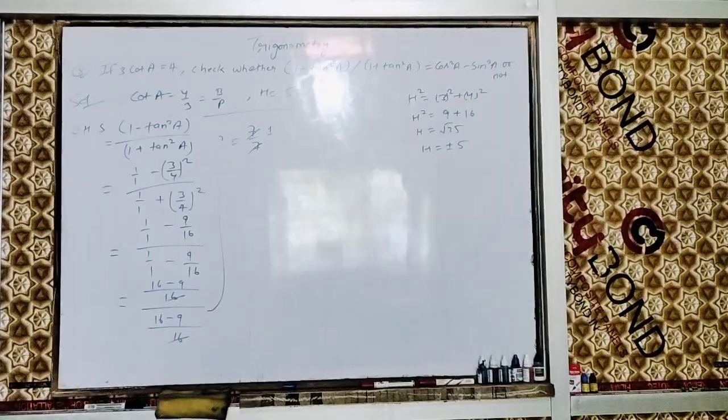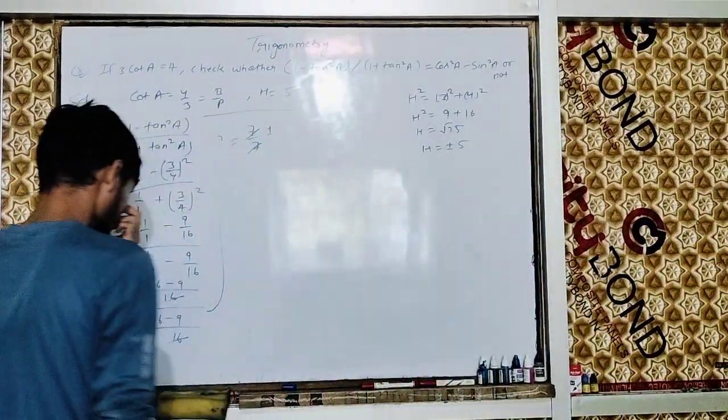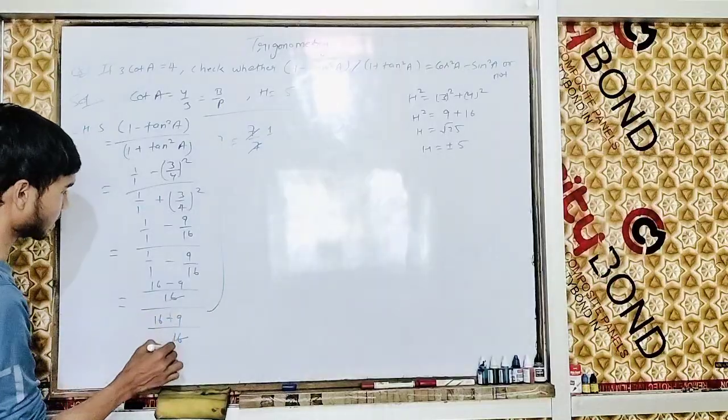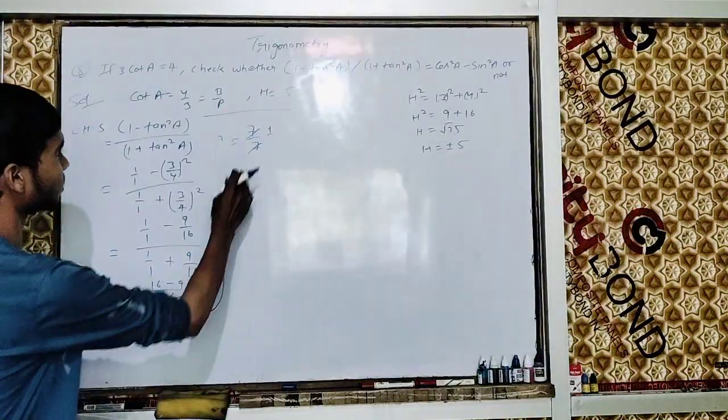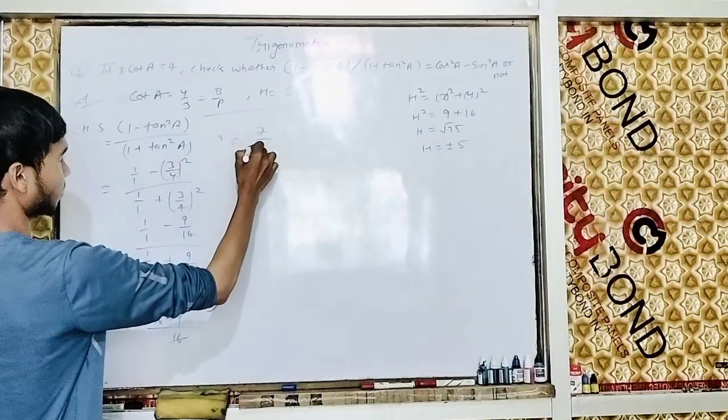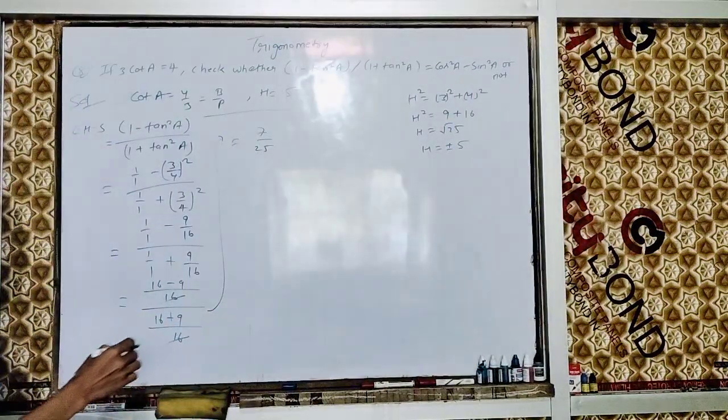Here I made one mistake: this is a plus, okay, this is a plus. So it would be 7 upon 25. Now this is correct.